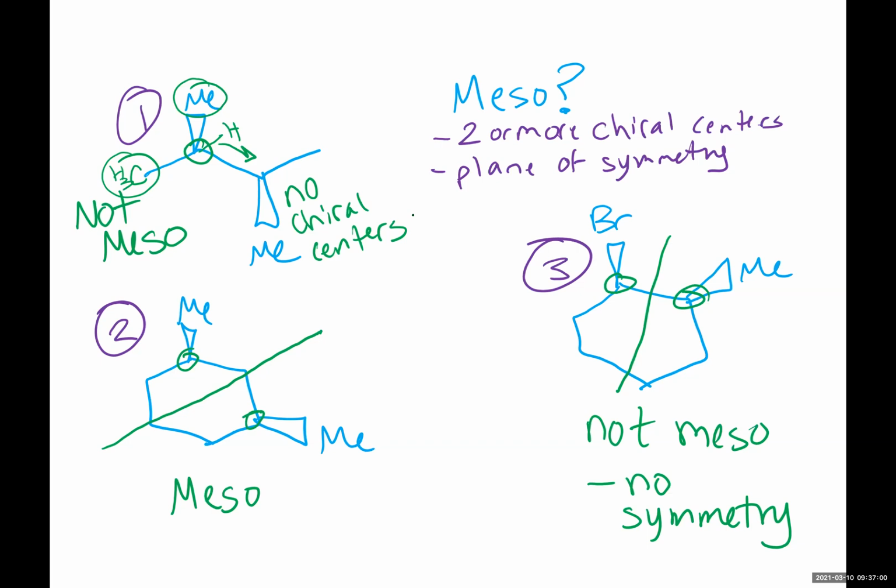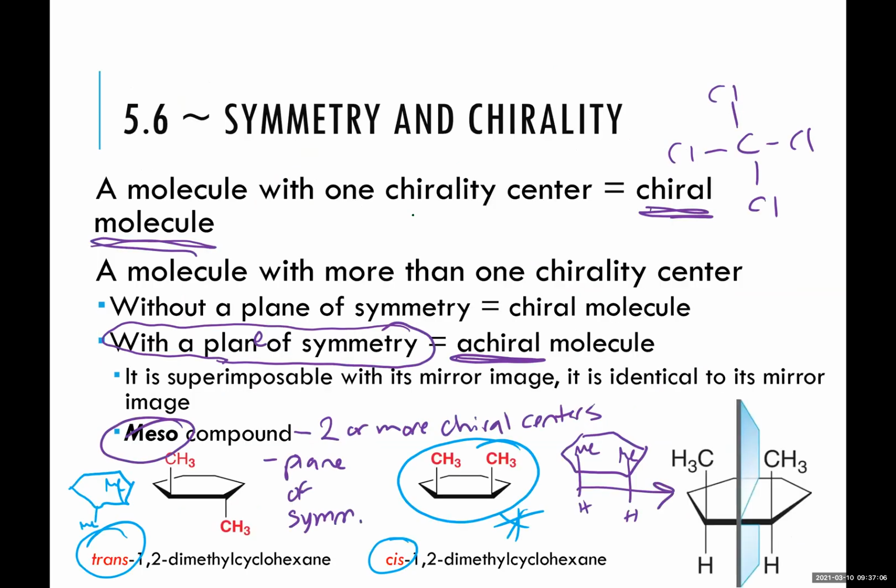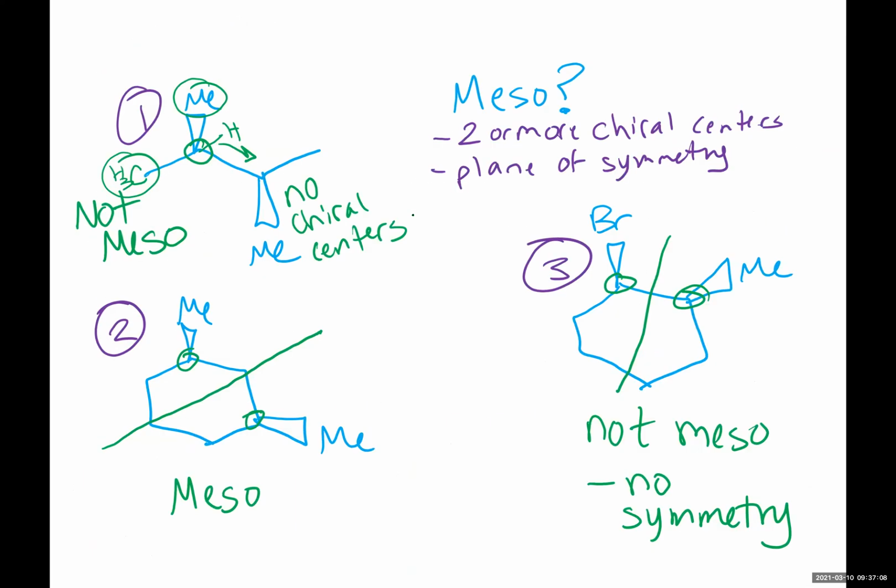Will we only find meso compounds in ring shapes? No, they exist elsewhere too. What was our other example? Okay. The example that we used before had a chlorine and a bromine. If we drew that same example, but had 2 chlorines on it, that's a meso compound. We could draw our little plane of symmetry right there, and the left and the right would match.